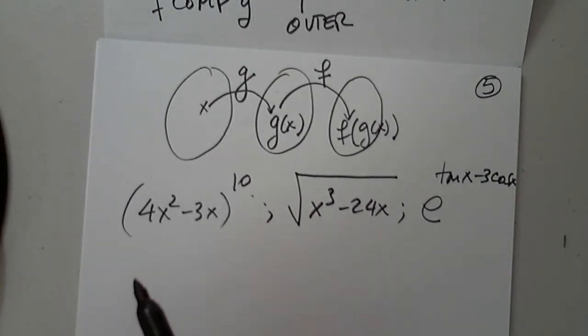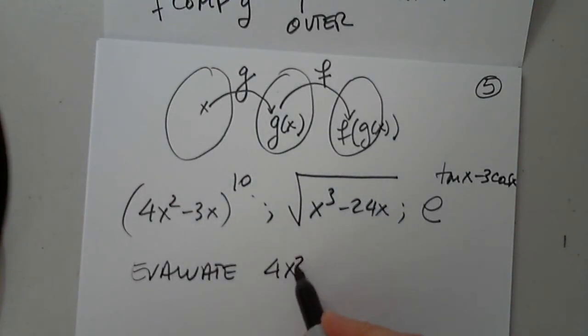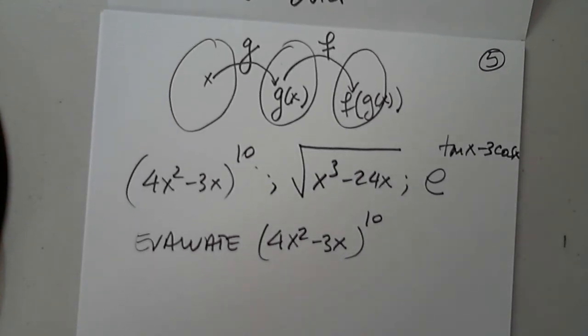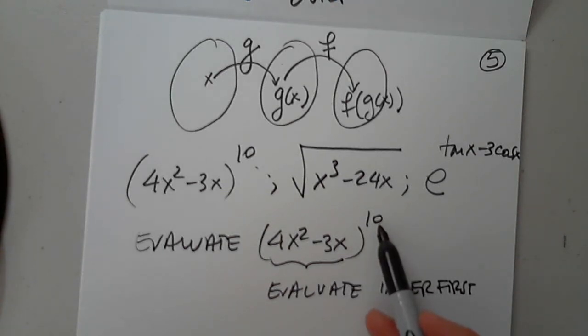Okay. So when we evaluate, let's say, this function, 4x squared minus 3x to the 10th power, we have to evaluate the inner first. I get a number and then I raise it to the 10th power.